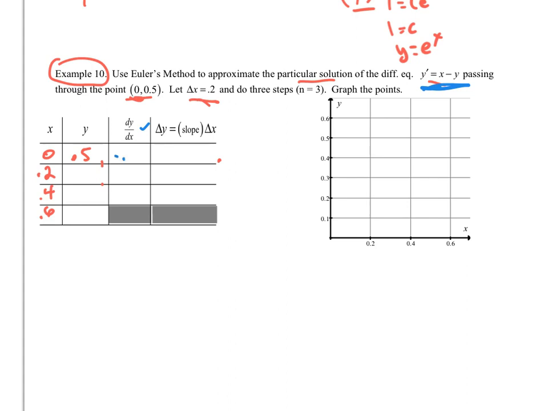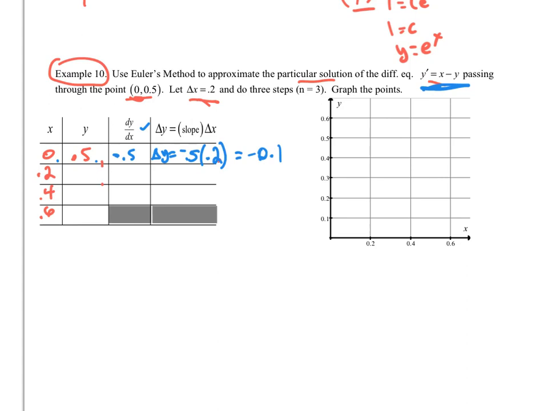So it's going to be negative 0.5 because it's my x minus my y right there. Then delta y is going to be equal to my slope, which is negative 0.5, times my delta x. My delta x is 0.2. That's what they tell me. So this would be negative 0.1. So that is my change in y.